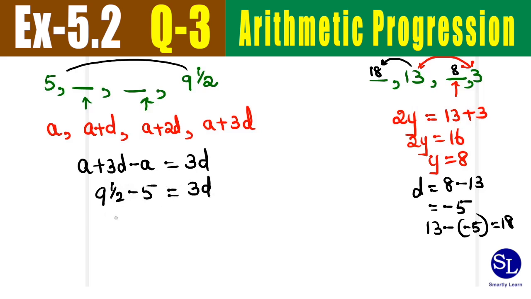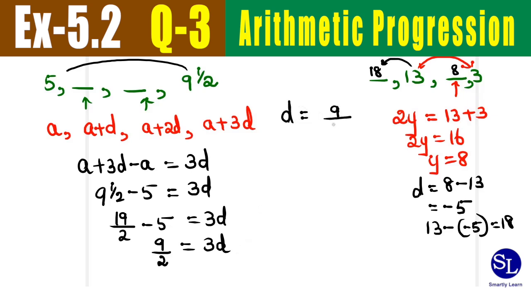So this is 19 by 2 minus 5 is equal to 3d. After taking LCM and subtracting, this is going to be 9 by 2 is equal to 3d. So d is equal to 9 by 2 by 3. So this is 9 by 6 or 3 by 2.